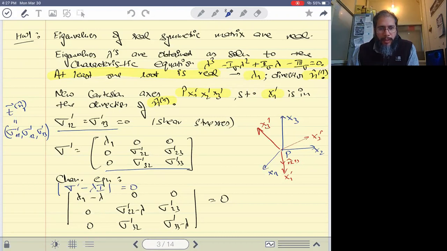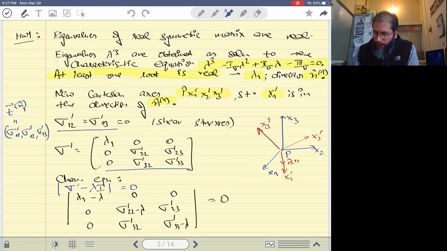Okay, so what we're trying to do is find the eigenvectors and the eigen directions of sigma prime. And we already discussed in the last class, and we'll show that soon, as was problem homework number 3, that sigma prime and sigma have the same eigenvalues or principal values.